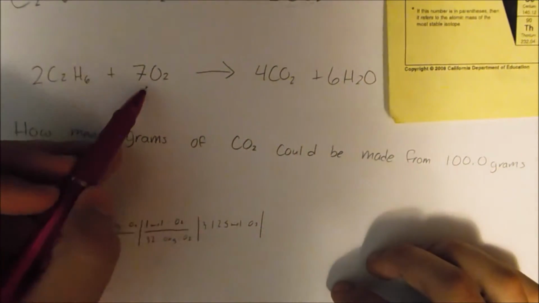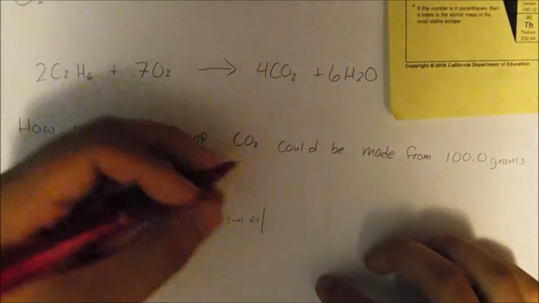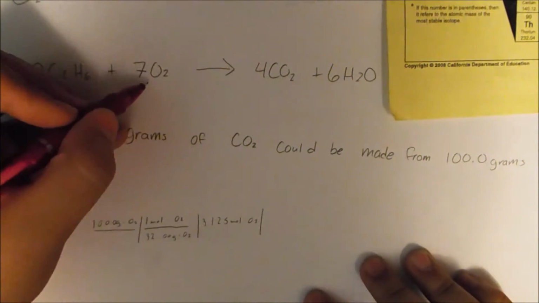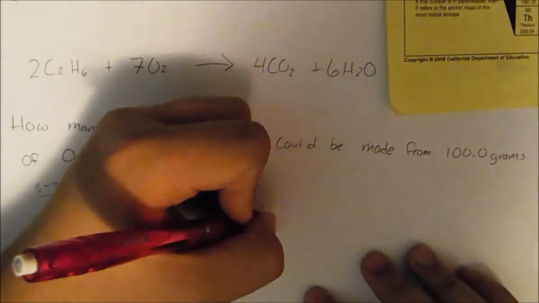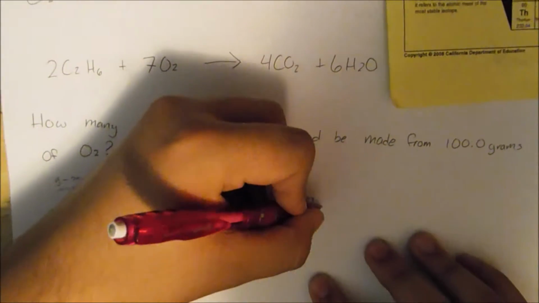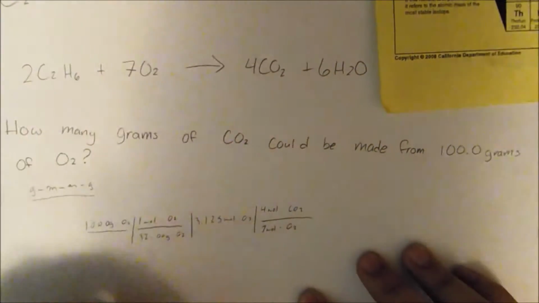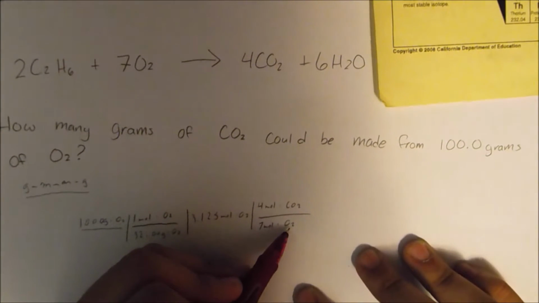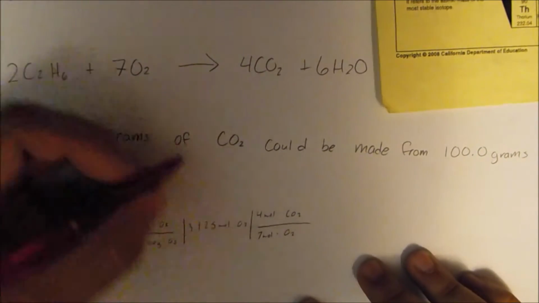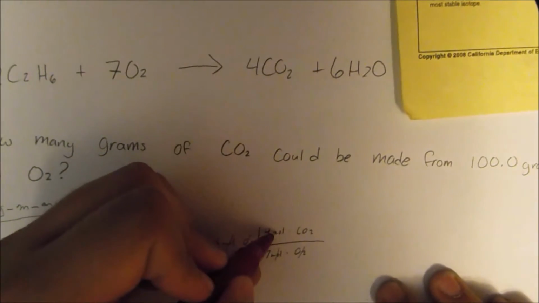Now, we need to use the ratio of O2 and CO2 in the equation. As you can see up here, we need 7 O2s to make 4 CO2s. So we're going to CO2, which means we need CO2 on the top of the ratio and O2 at the bottom: 4 moles of CO2 over 7 moles of O2. We can cancel out our moles of O2 using the ratio, leaving moles of CO2.